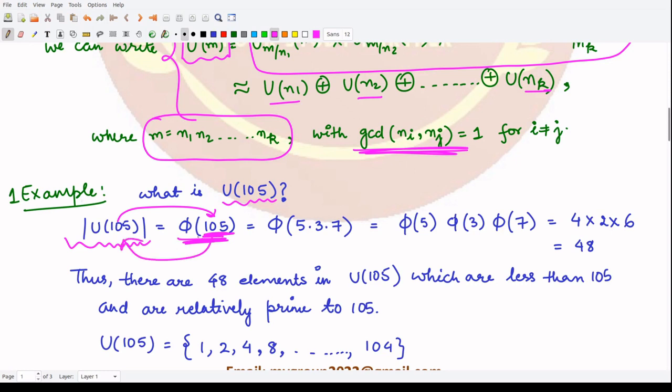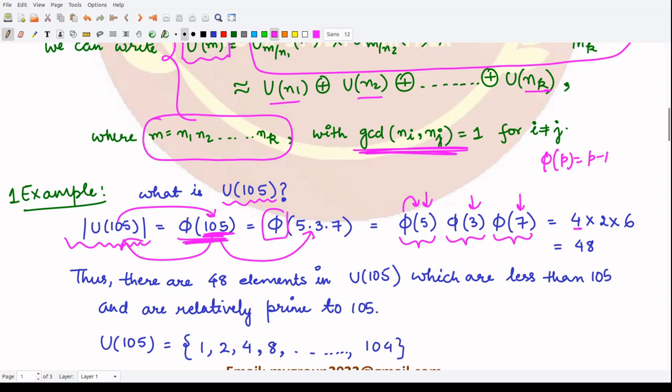In order to calculate phi(105), we can factorize it into 5 times 3 times 7, and then according to the properties of phi we can write it as phi(5) times phi(3) times phi(7). What is phi(5)? 5 is a prime number, 3 is a prime number, 7 is a prime number. When you calculate phi(5), it would be 4, because phi of a prime number is p minus 1.